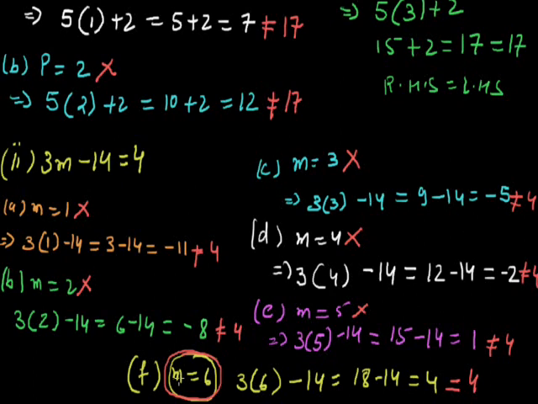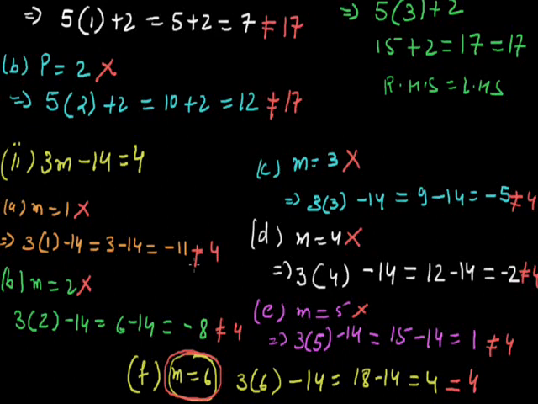Now it is not necessary that we try all the values from 1 to 5. We can try alternate values so that we can reach here. If you see that the value is getting bigger and bigger, and we have to make it till 4.